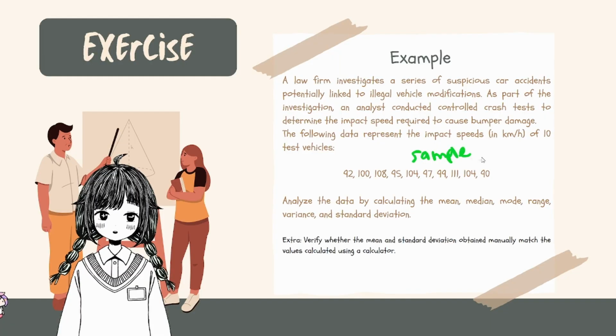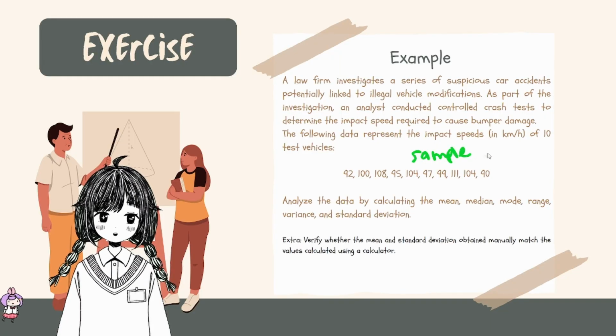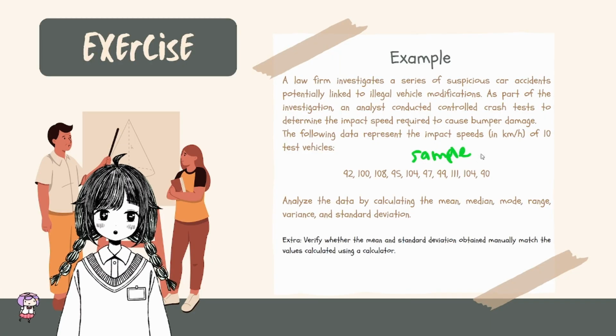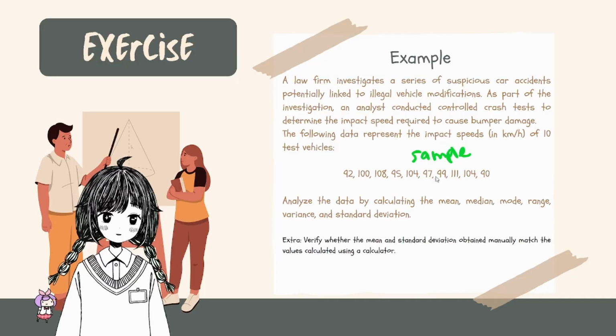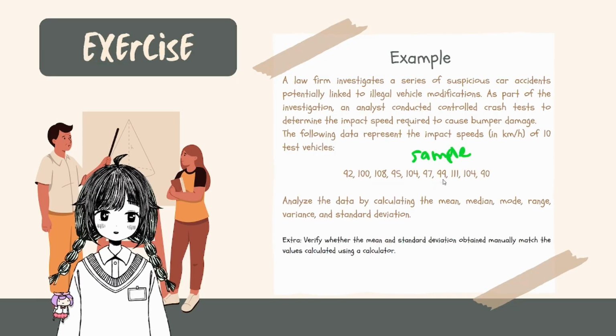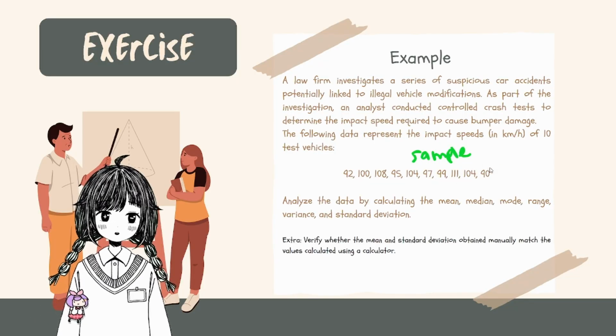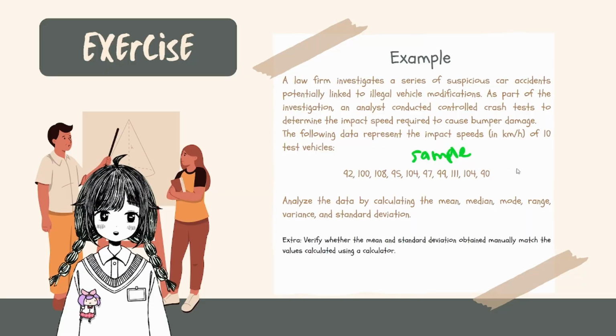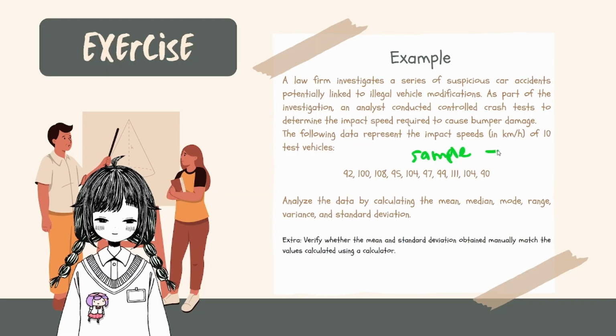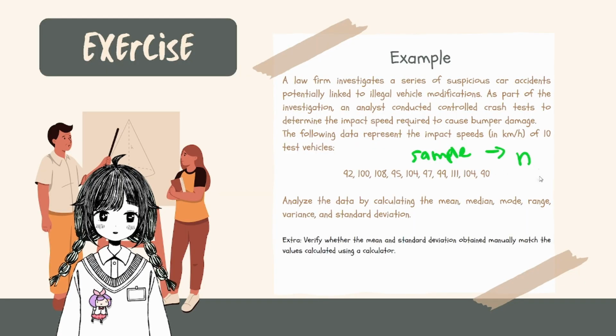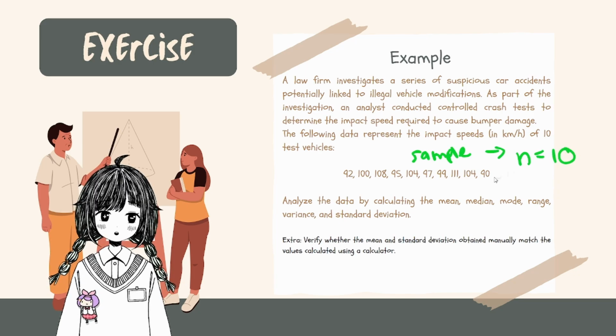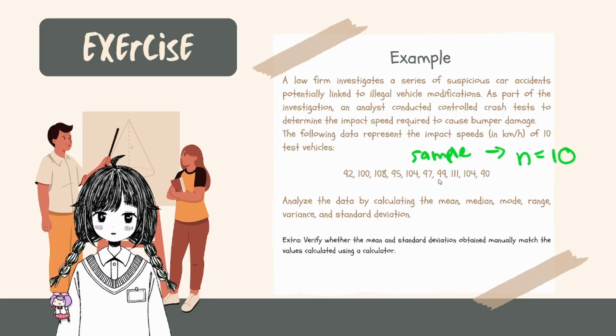Remember that it is important to distinguish the sample from the population, or you will get the wrong answers for variance and standard deviation. Since this is a sample, n, which represents the sample size, will be equal to 10. Now that we have extracted all the information, we can start answering the questions.